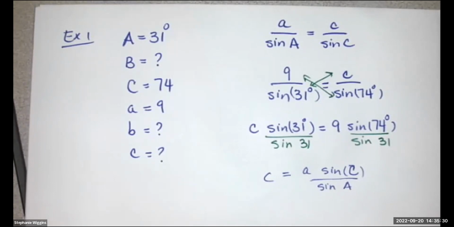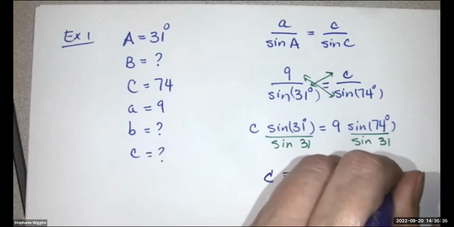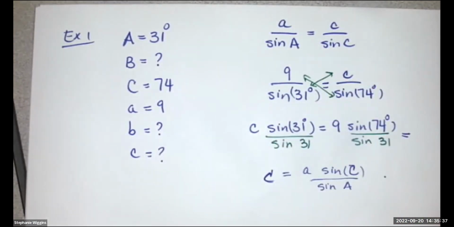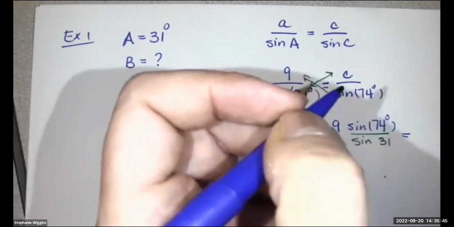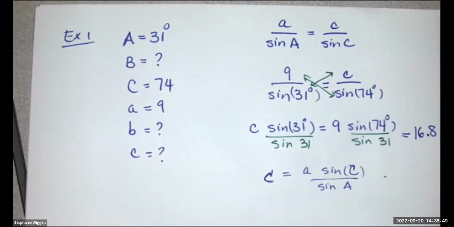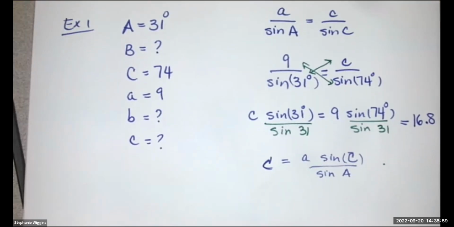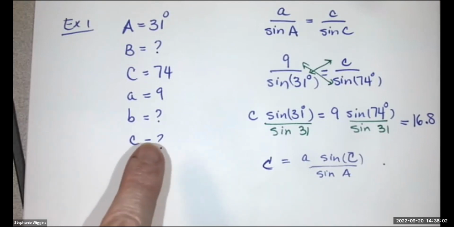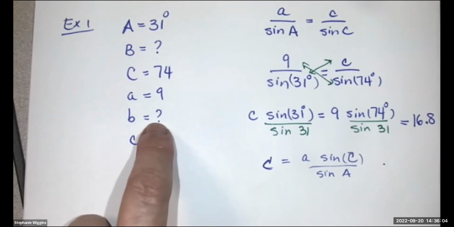So we've got our little c now. And let's see, what was that quantity? 16.8. Is that what you all got? Does anybody try that one? I think it's 16.8. And then next we're going to solve for little b.